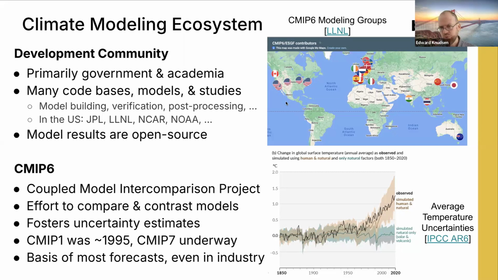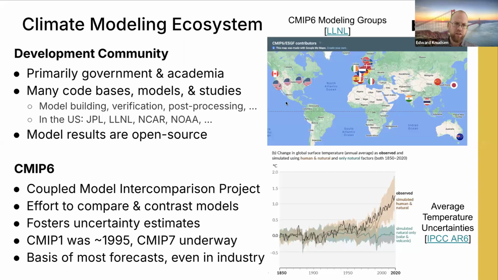You see a map in the upper right here of international groups that also work on climate models. So this in particular are contributors to the CMIP6 modeling effort. And in the US, Jet Propulsion Laboratory, Lawrence Livermore in California, and then some of the atmospheric labs like NCAR and NOAA are very key in this climate modeling effort.